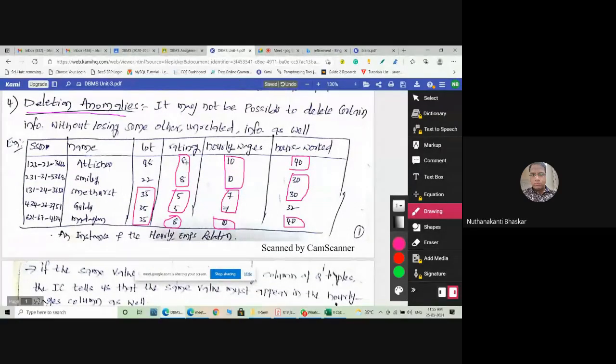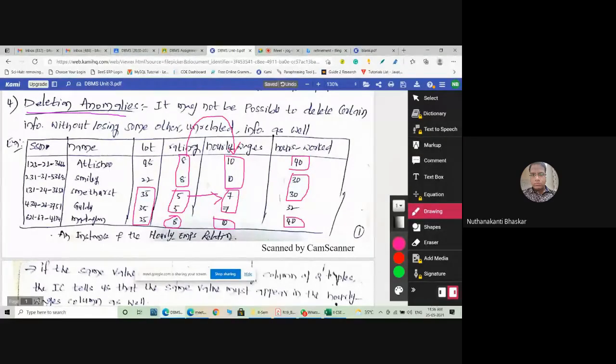If you observe, whoever has rating 8 has hourly wages 10, and whoever has rating 5 has hourly wages 7. Did you observe this?